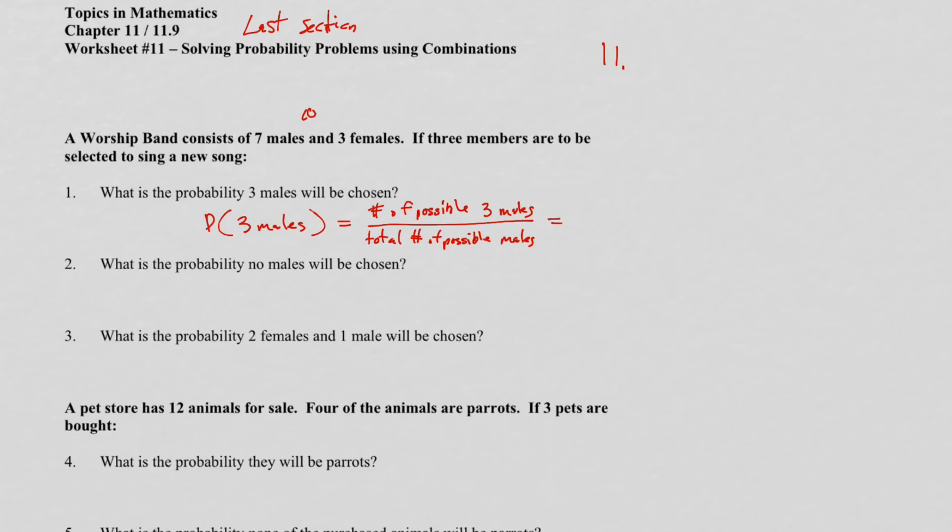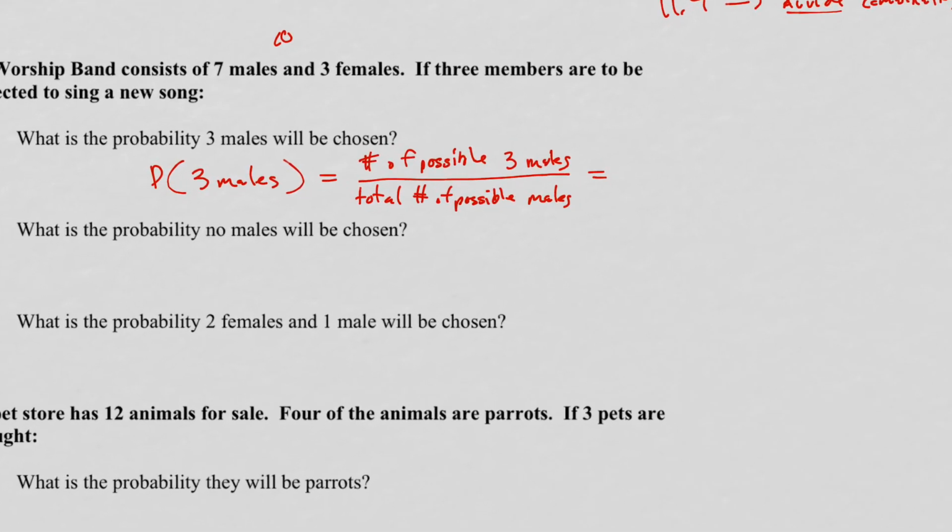So in 11.8, when you had 2 combinations, we multiplied. In 11.9, we're dividing, because this is probability. Okay? So here's the divisions, probability.